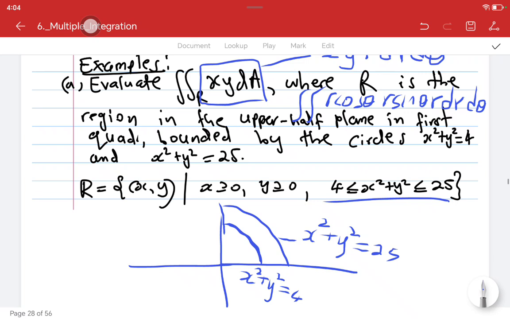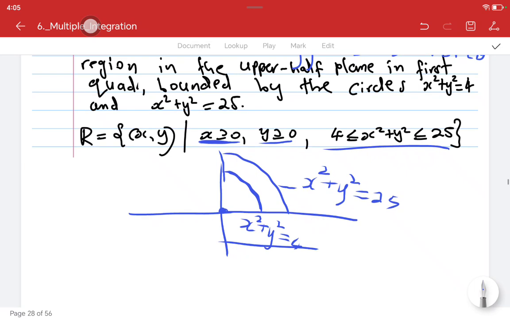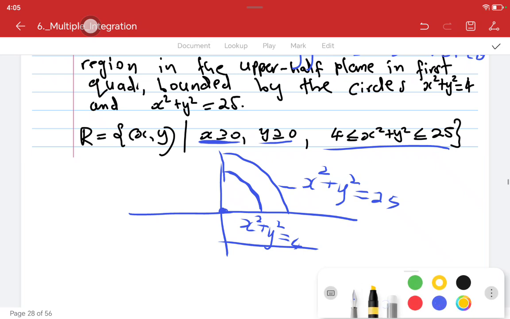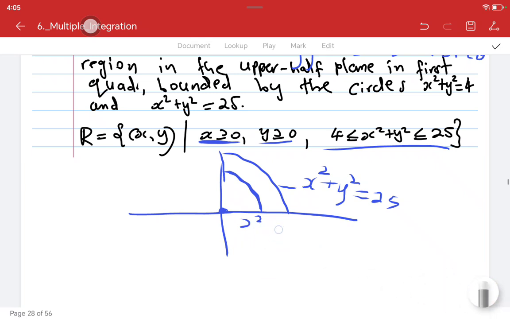This only occurs when x is greater than or equal to 0 and y is greater than or equal to 0. So now here we can change this. Already I know here that my r, I can change this to polar now.